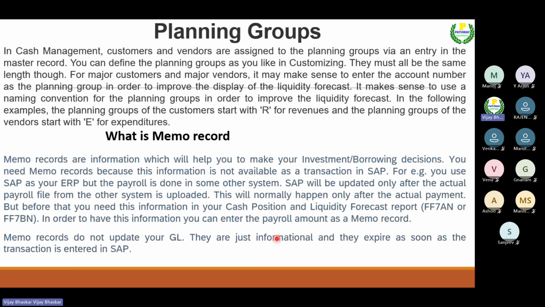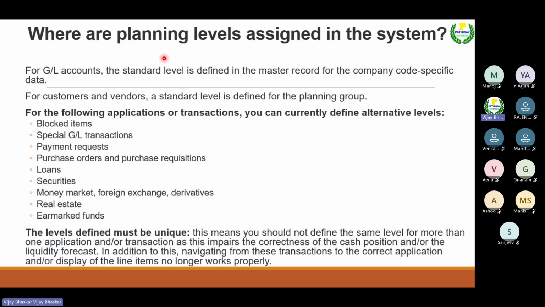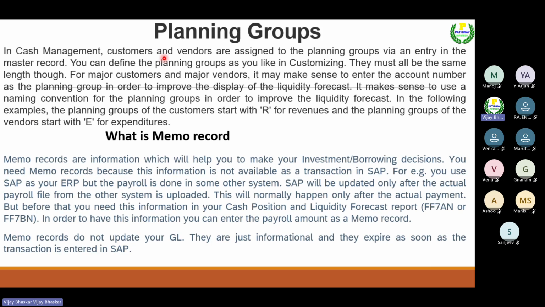Now moving to the next slide, the planning groups. We have seen until planning levels, how the planning levels can be done. Now the planning groups, how they can be done here. In cash management, customers and vendors are assigned to the planning groups.